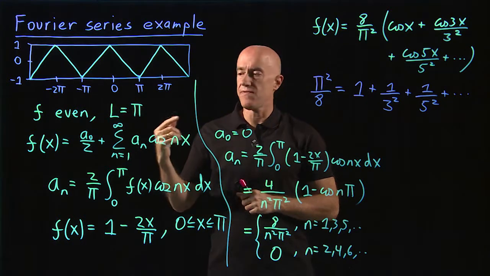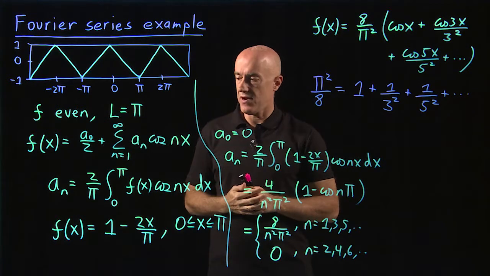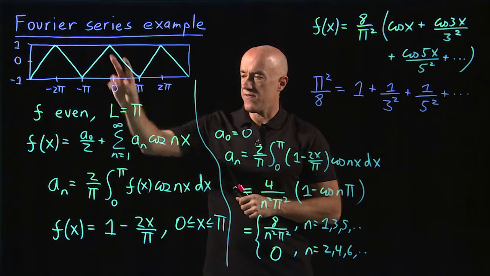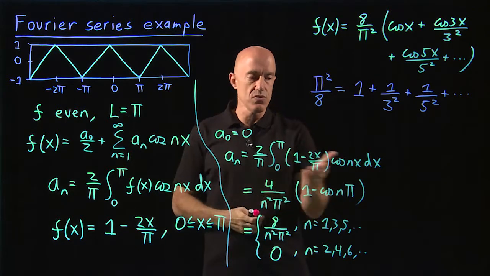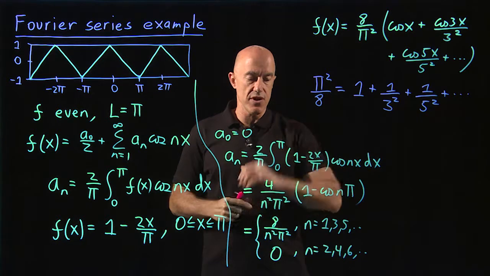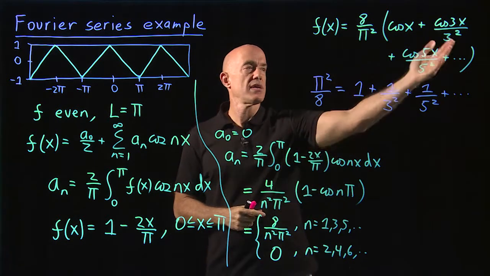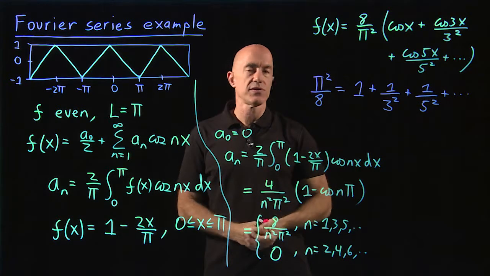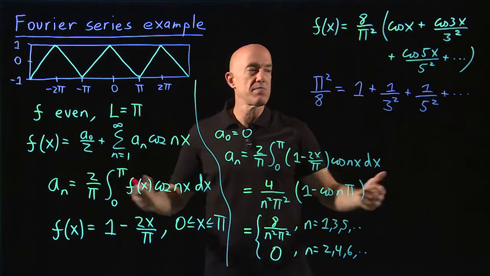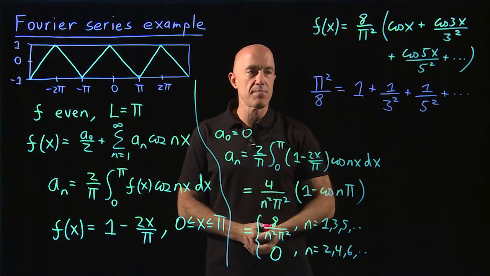Then we can use the Fourier cosine series for an even function. In order to find the coefficients, we do need to do this integral, which requires integration by parts. After we do that integral, then we get the Fourier cosine series. As an added bonus, we get this famous series for pi squared.